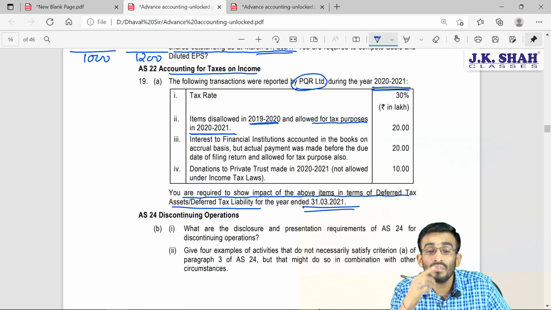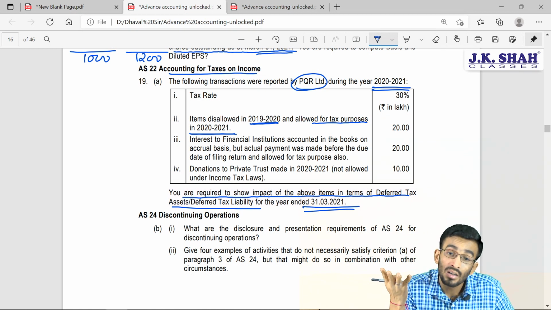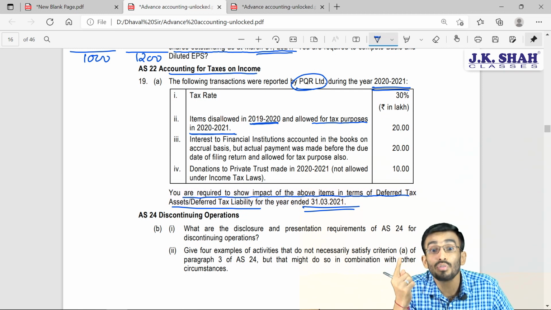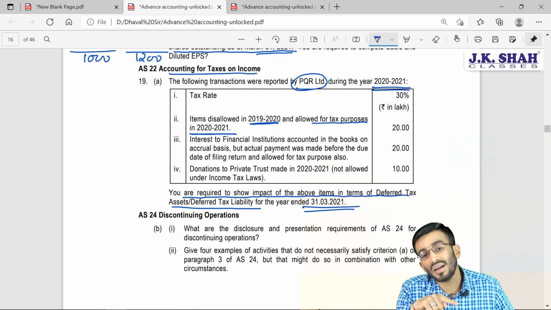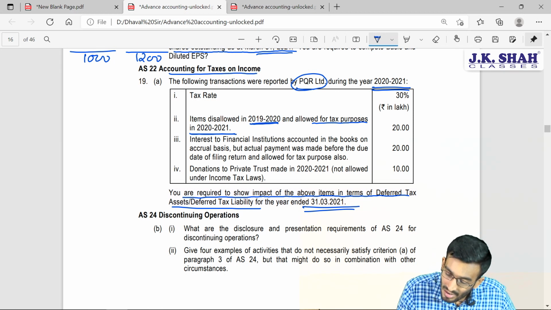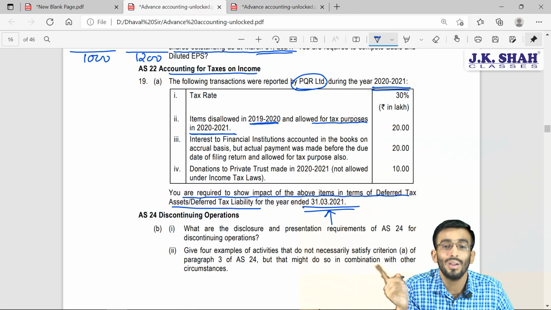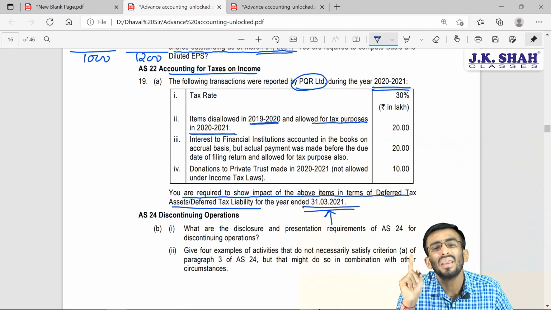It means in the previous year taxable income was more, so we paid more tax, as a result of which in the current year we will have to pay less tax. So in the previous year we must have created a deferred tax asset, and now we are supposed to reverse it. In the current year, that is for the year ended 31st March 2021, we have to reverse this deferred tax asset which we created in the previous year.